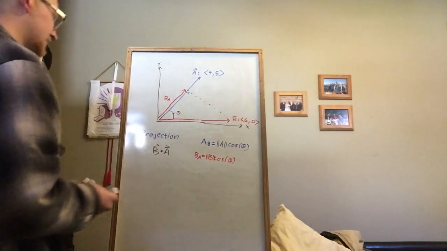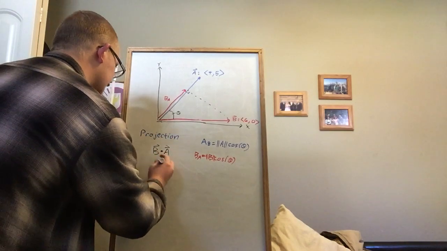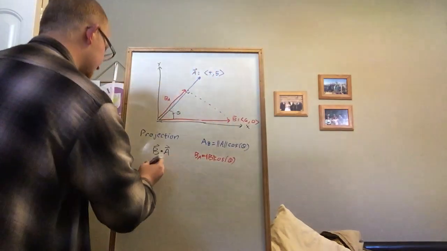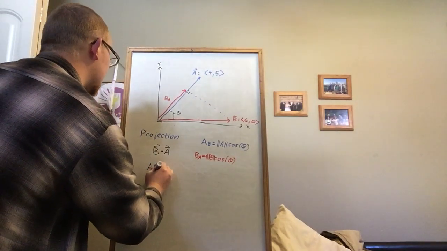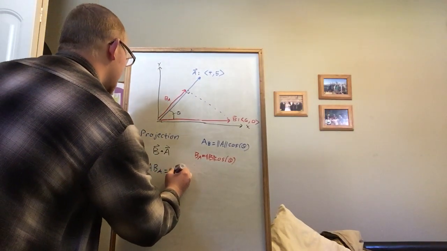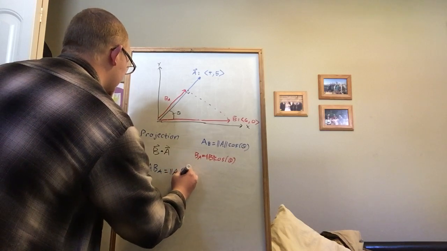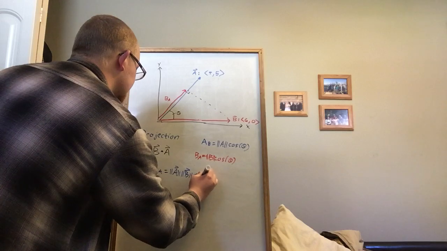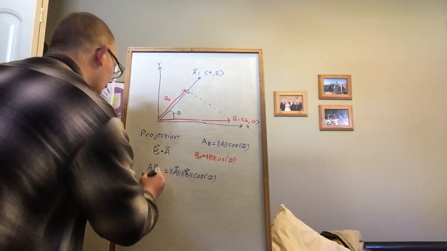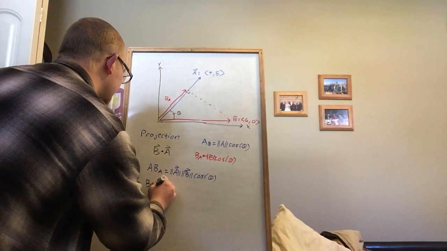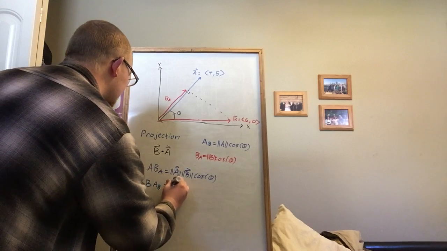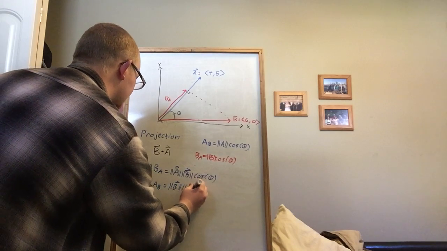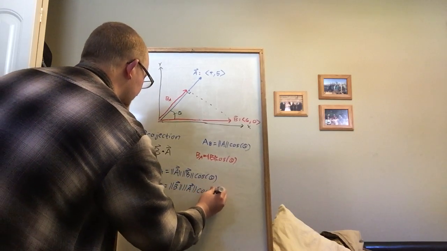And so B dot A is going to be equal to BA times A. So A times BA is equal to the magnitude of A times the magnitude of B times cosine of the angle between them. Whereas B times A in the direction of B was magnitude of B times magnitude of A times cosine of the same angle theta.